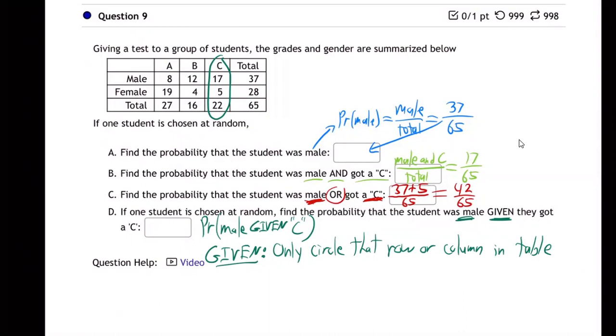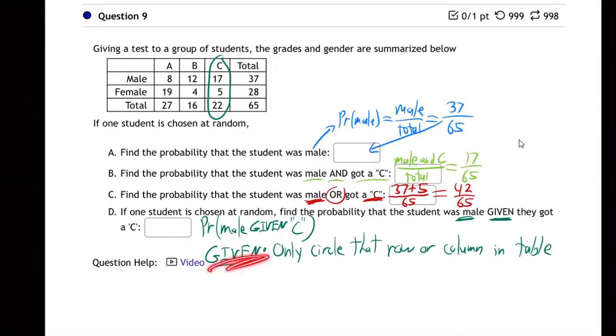What's the chance I'm going to pass this class, given I'm going to study 20 hours a week? We're not talking about a lazy person, we're talking about somebody studying 20 hours a week. So if you grab somebody at random, what's the chance that it's a male given they did get a C? We grabbed a student at random and they said, I got a C in the class.